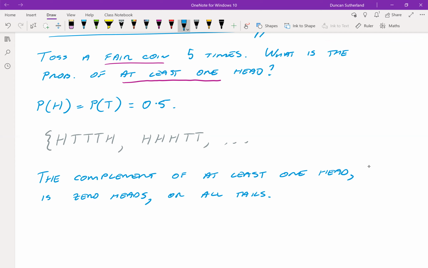So the probability of 5 tails, 1, 2, 3, 4, 5, is just going to be equal to 0.5 for the first tail times 0.5 for the second tail times and so on. Right, 0.5 to the power of 5.